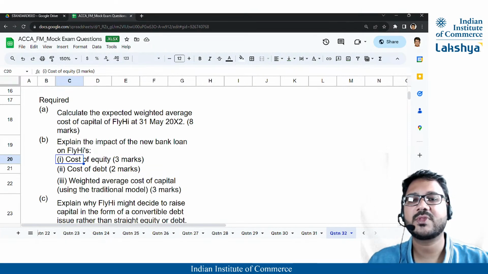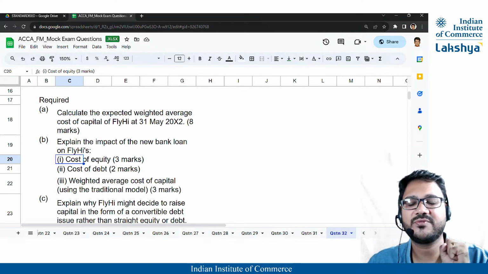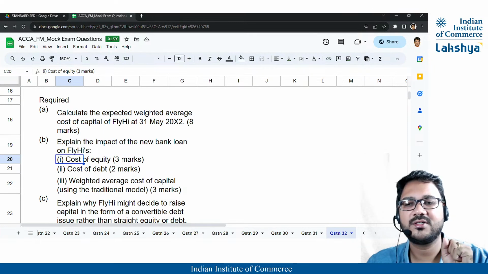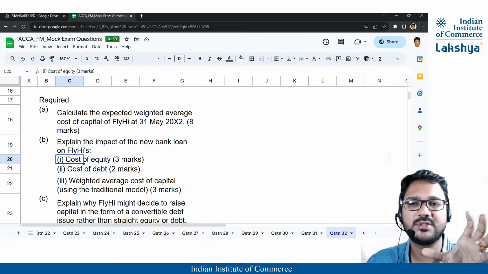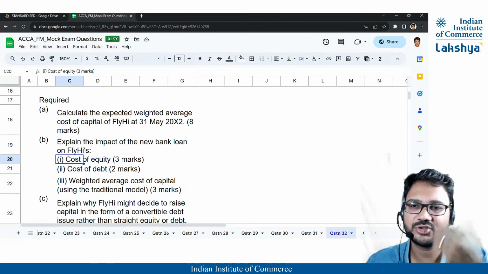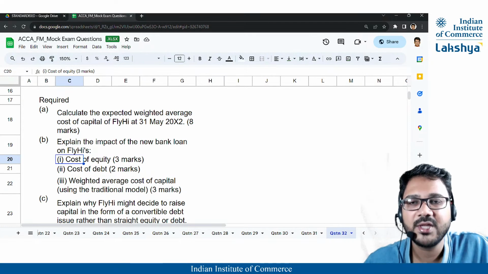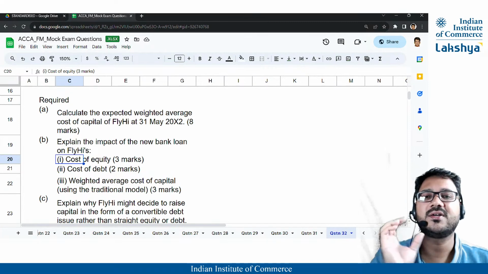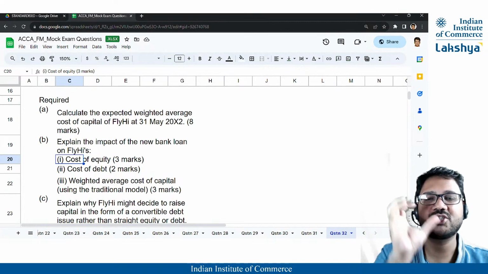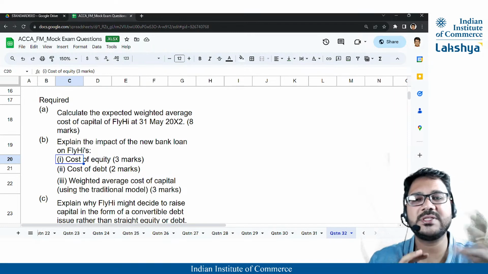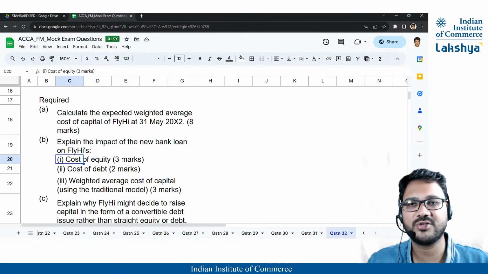If debt increases, it makes the company a little more risky. So automatically cost of equity will go up, and cost of debt, depending on at what rate the loan is taken, will accordingly reflect that. WACC, on the other hand, using the traditional model: the traditional model says that up to a certain level, the cheapness of debt is able to compensate for the rise in the cost of equity.